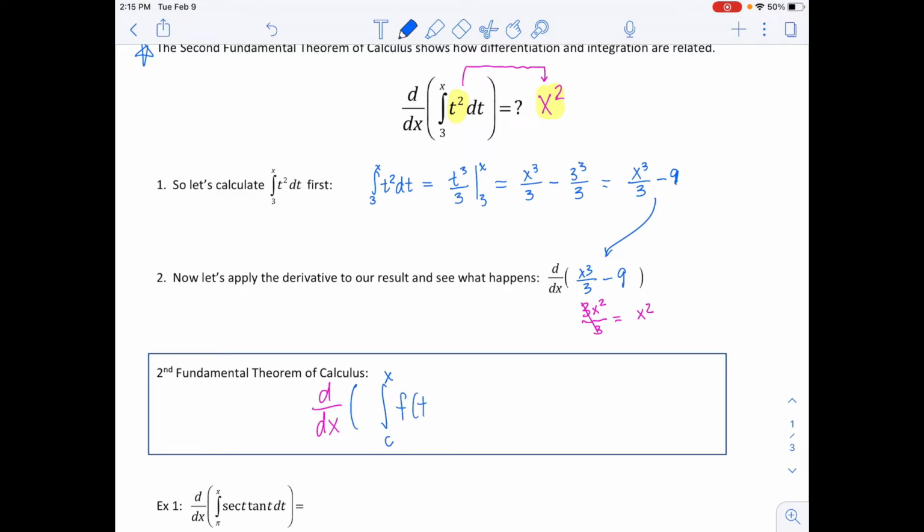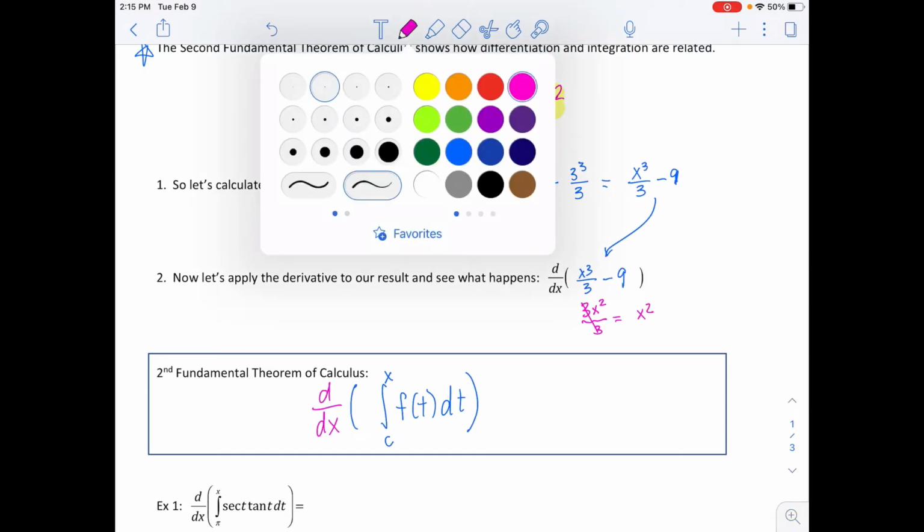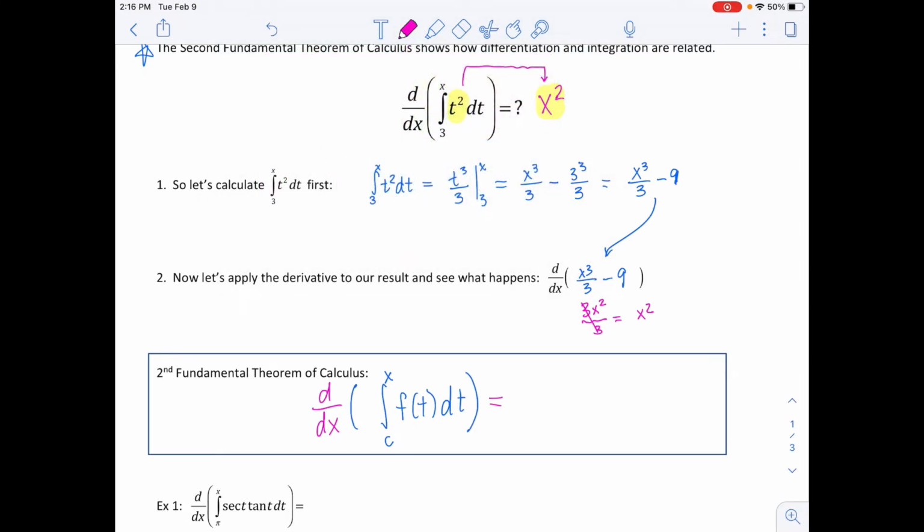The integrand is usually written in terms of t's, and we do this little costume change, and instead of f of t, we now switch this over to f of x. It's the same function, just in terms of x. So that's the connection between these two ideas.